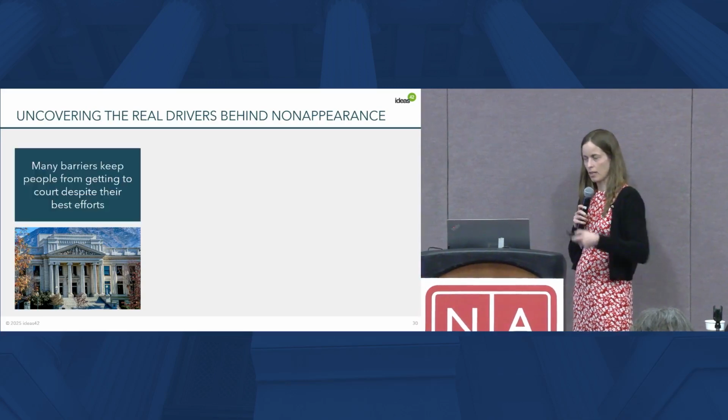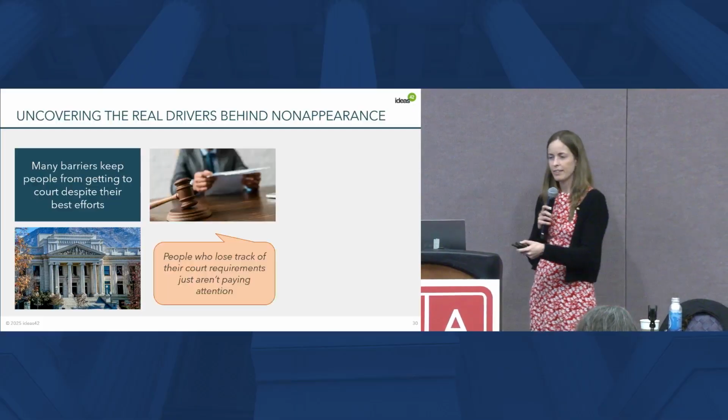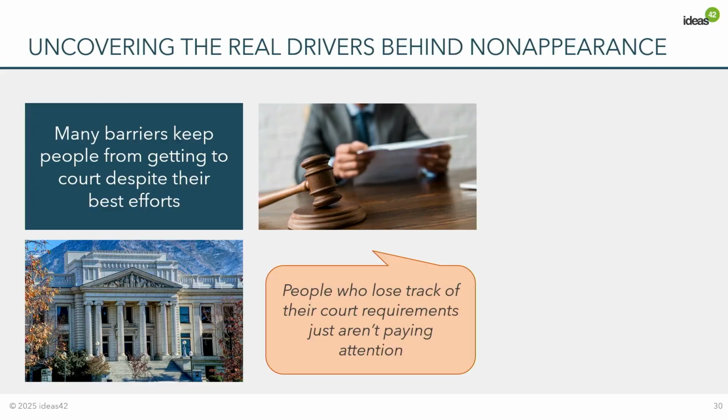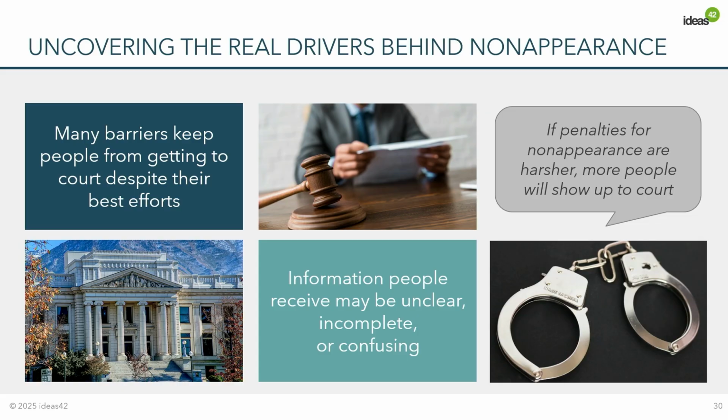But we know that there are a lot of barriers that get in the way. Again, if people are missing court, they must not be paying attention, they must be irresponsible. But we ask, is the information being provided to them communicated clearly? And finally, some folks think that increasing penalties for non-appearance will scare people into going to court.